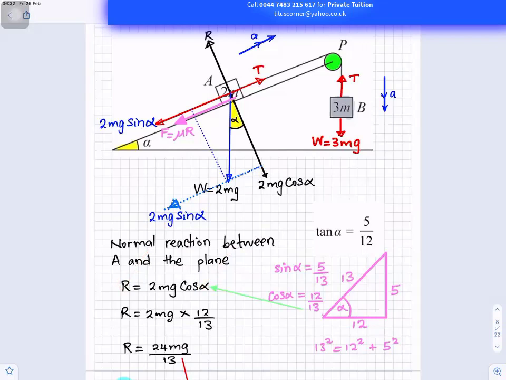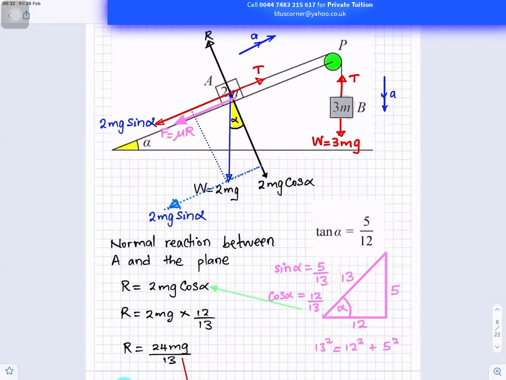Now, cos alpha, how do we find cos alpha? We go into a right angle triangle. We have sine alpha is 5 over 13. So use the triangle 5, 12, 13. Because tan alpha is 5 over 12. Tangent is opposite over adjacent. So that's 5 for opposite, and then adjacent is 12.